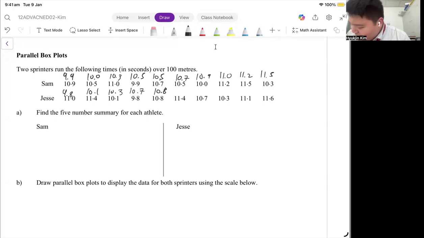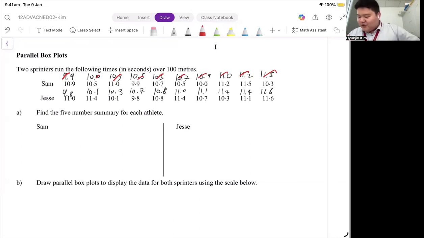Well, you can clearly tell it's pretty obvious that Jesse's a worse runner than Sam, but we need to show mathematical reasoning. So, okay, now that we have done the numbers as we can count, 1, 2, 3, 4, 5, 6, 7, 8, 9, 10.